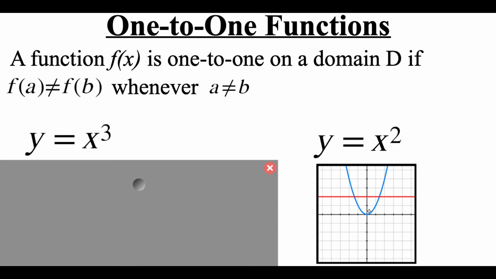So the test that we run to see if a function is one-to-one is the horizontal line test. And this graph fails the horizontal line test because this horizontal line hits this graph in two places, meaning that we're repeating that specific y value.